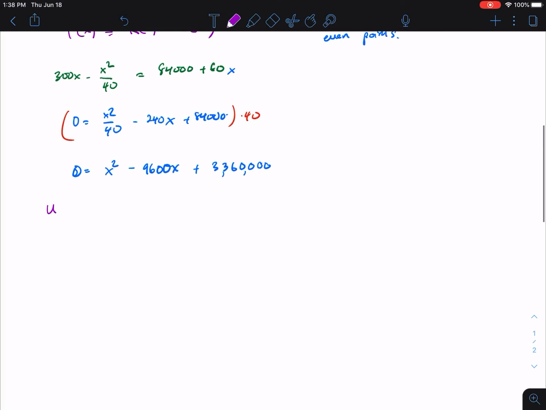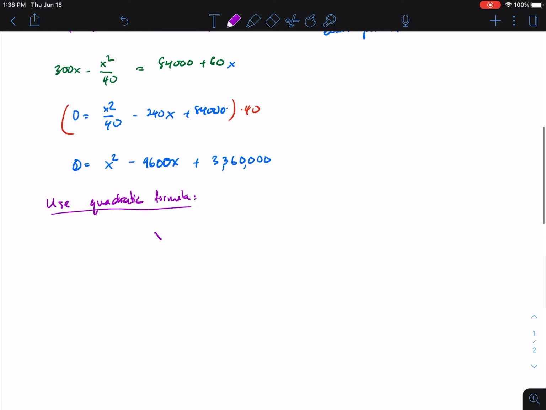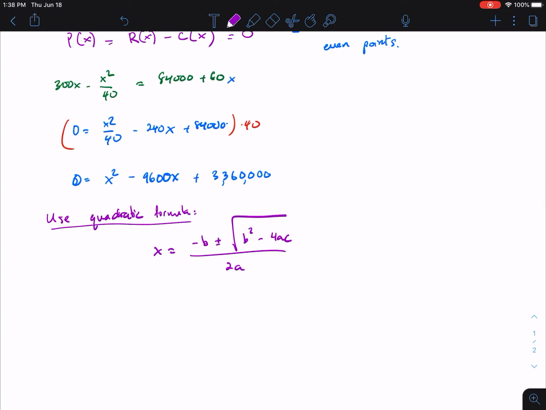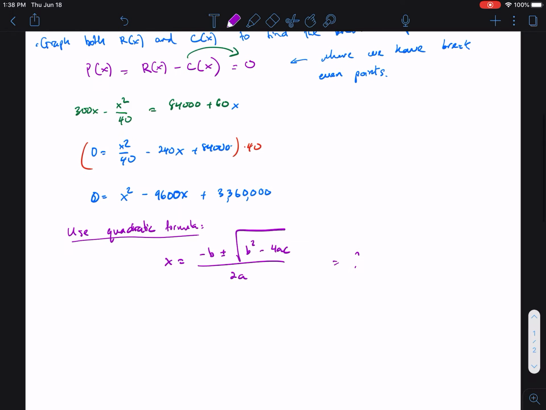We will use the quadratic formula, or we can try to factor this, but I don't think it's something we want to spend time doing, right? The formula is x equals negative b plus or minus the square root of b squared minus 4ac, all over 2a. So imagine doing this by hand by plugging all these constants a, b, c into this formula and getting the x value. We don't want to do this.